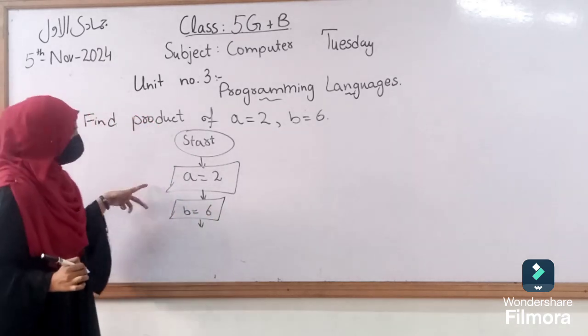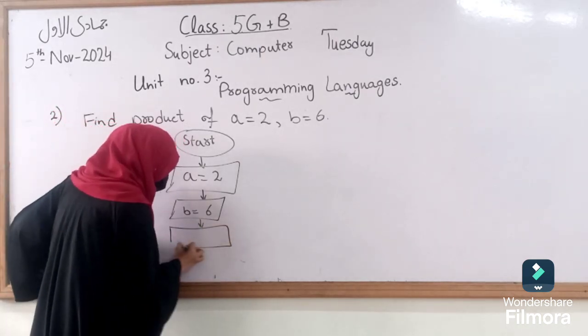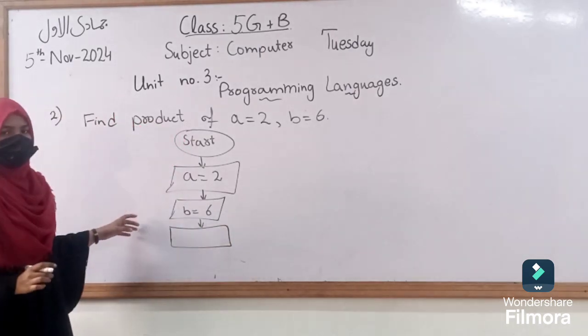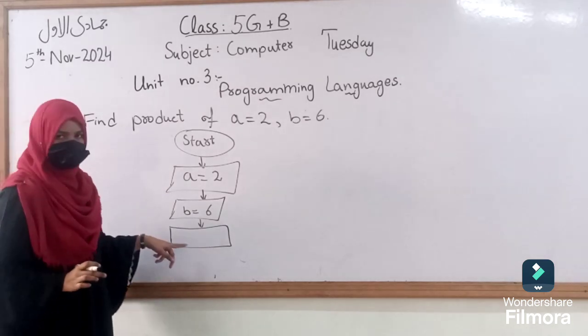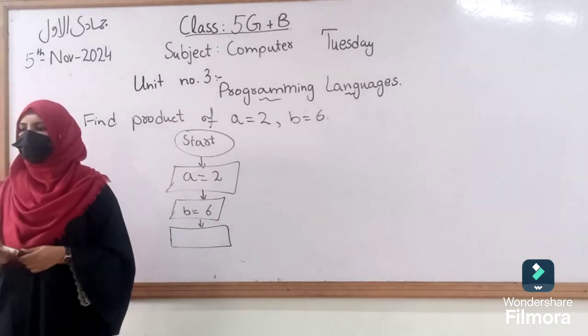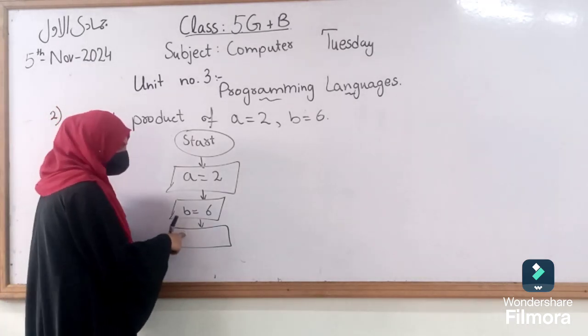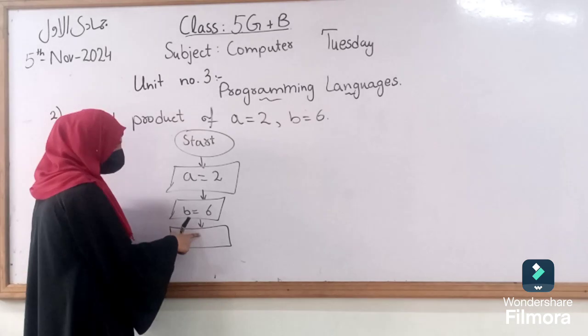Let's move forward. These are the inputs. Now we will process. In order to process the data, you need to make this shape. And what is the name of the shape? Hania, tell us what is the name of the shape? Yes, this shape is a rectangle and it is used to process data.